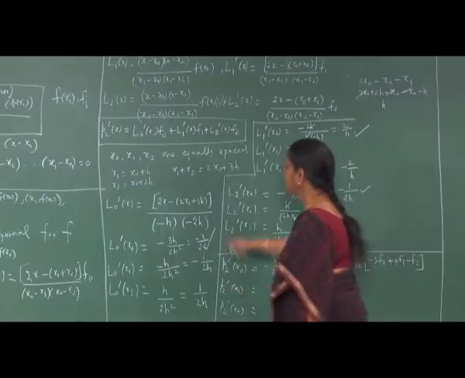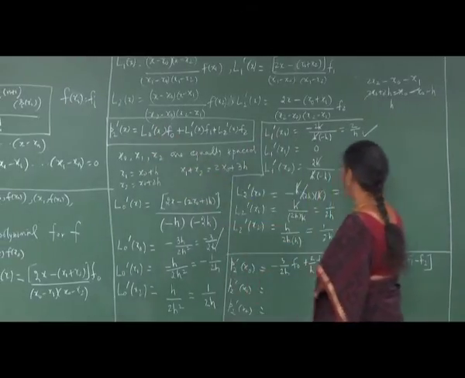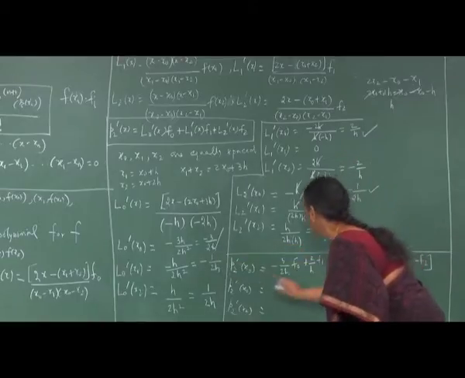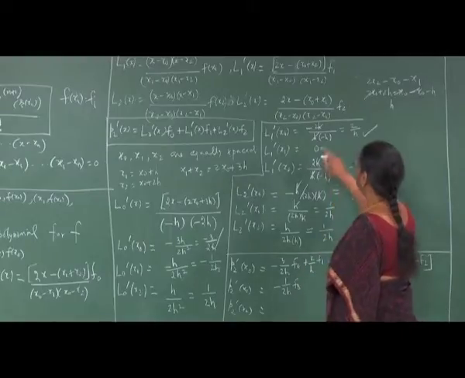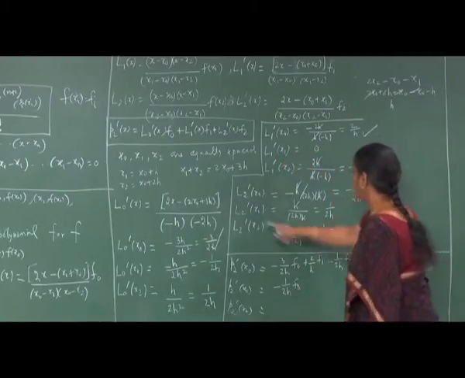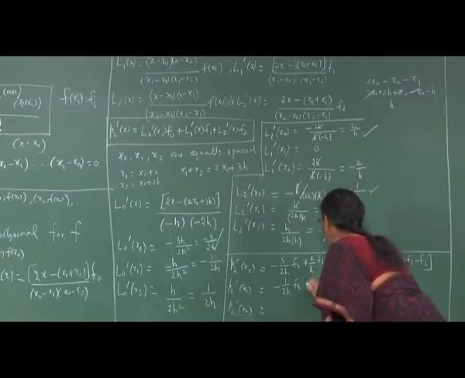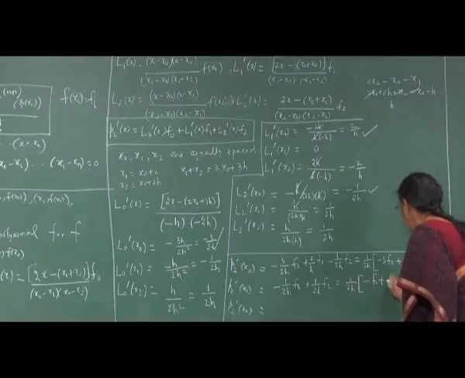Then P2 dashed at x1. L naught dashed at x1 is minus 1 by 2h into f naught, plus L1 dashed at x1, that is 0, plus L2 dashed at x1, that is 1 by 2h into f2. So, it is 1 by 2h into (minus f naught plus f2).